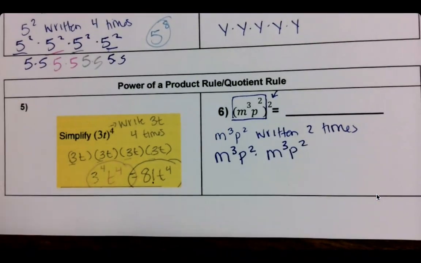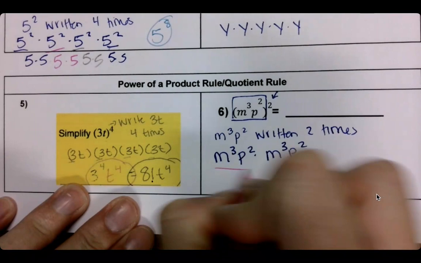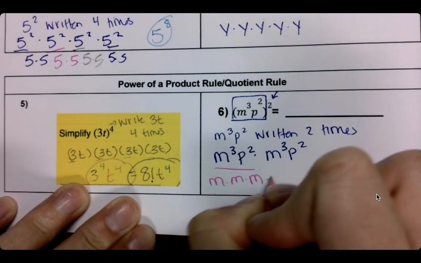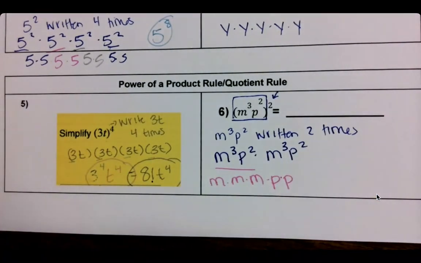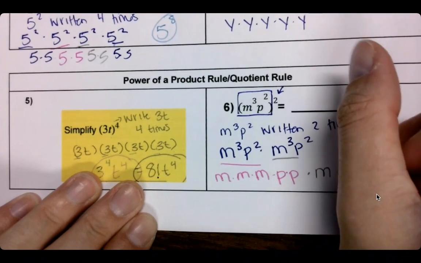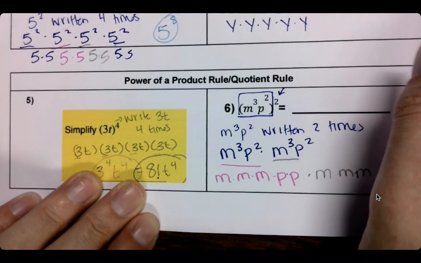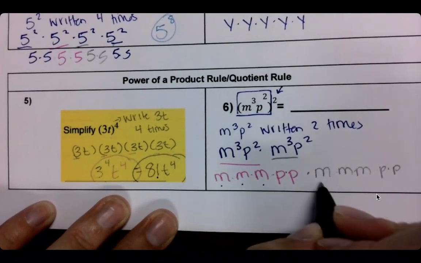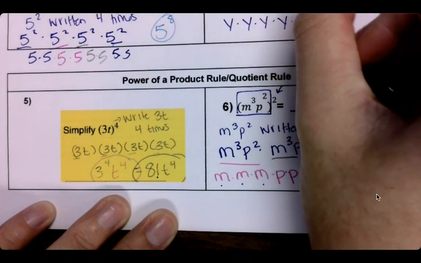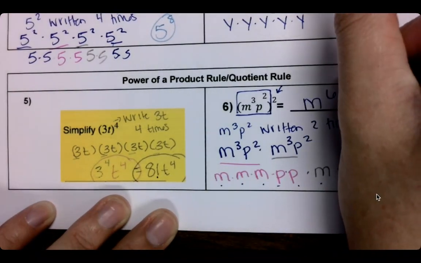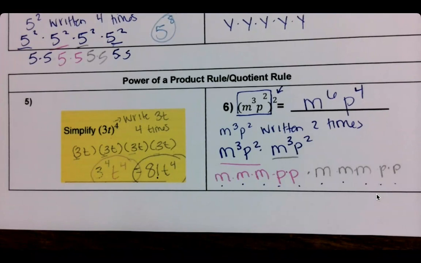And then from there, notice, I can say, okay, this expanded out is 1, 2, 3 M's and 2 P's, 3 M's and 2 P's. And so then I can get a final answer of 1, 2, 3, 4, 5, 6 M's and 4 P's. Okay?